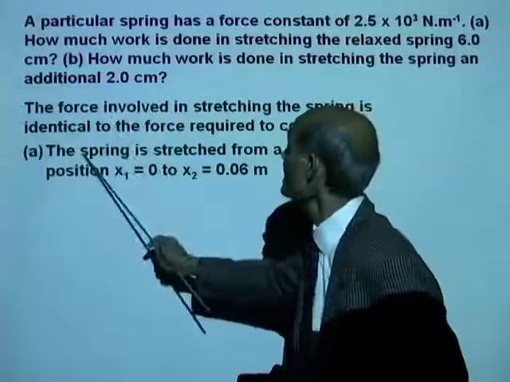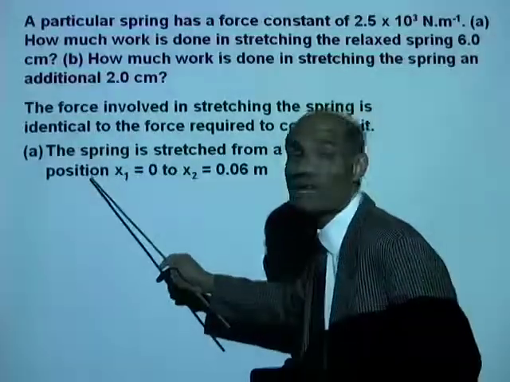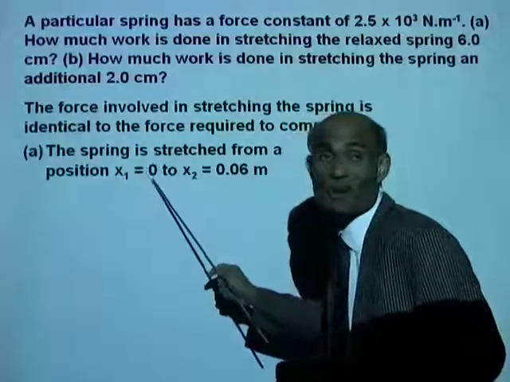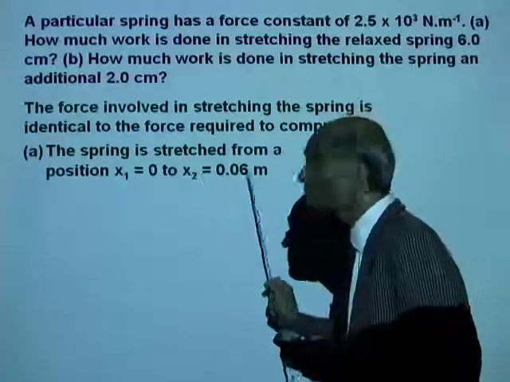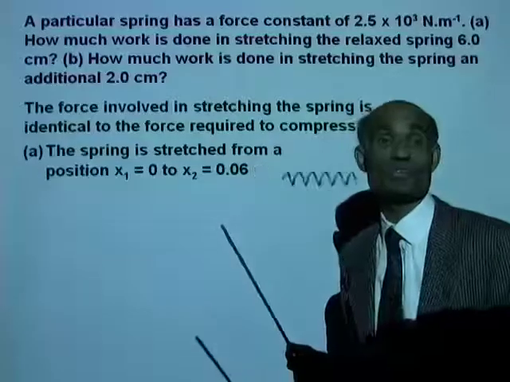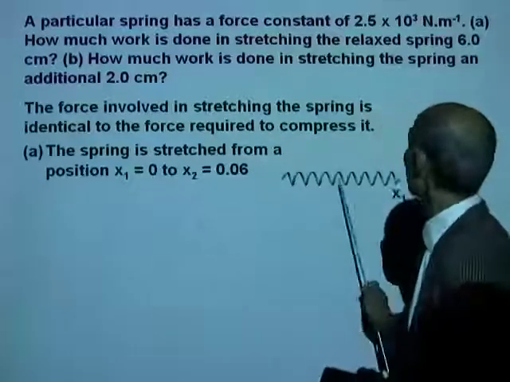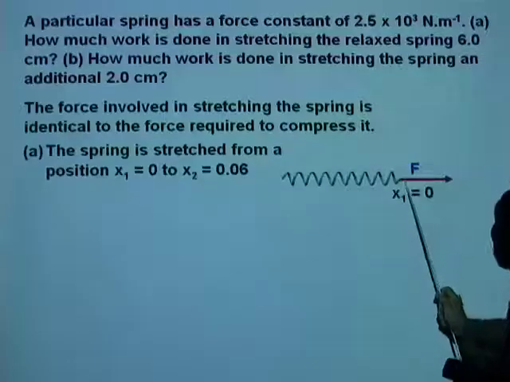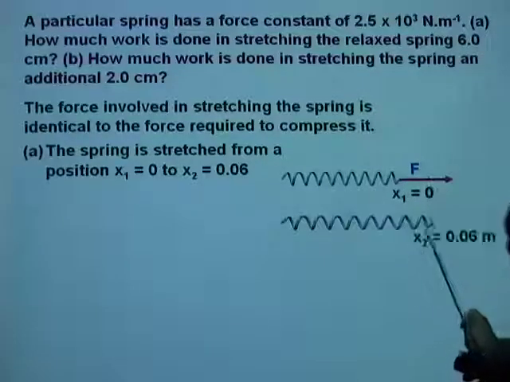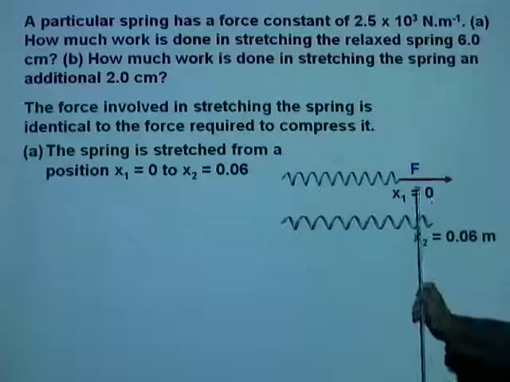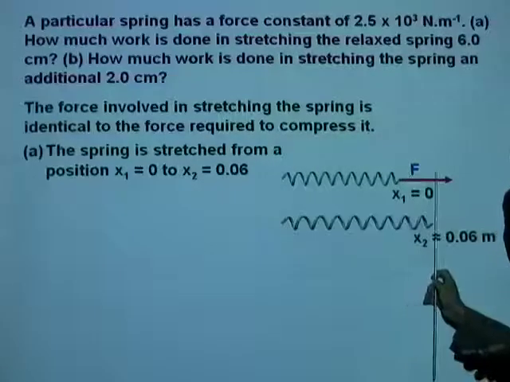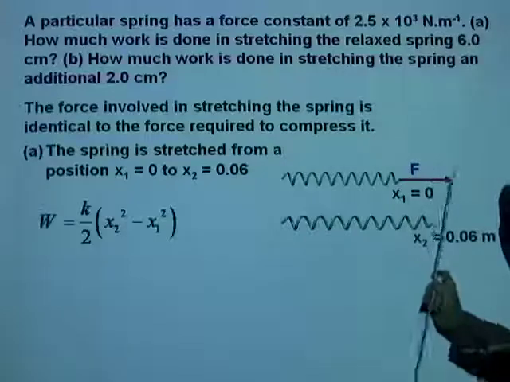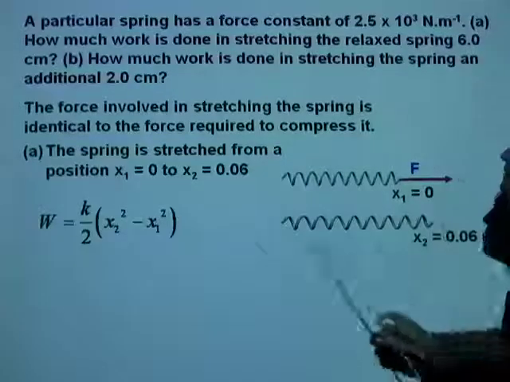In part A, the spring is stretched from an initial position x1 equal to 0, the relaxed position, to x2 equal to 0.06 meter. So x1 equal to 0, a force F stretches it to x2 equal to 0.06. So it is this displacement that we call 0.06.